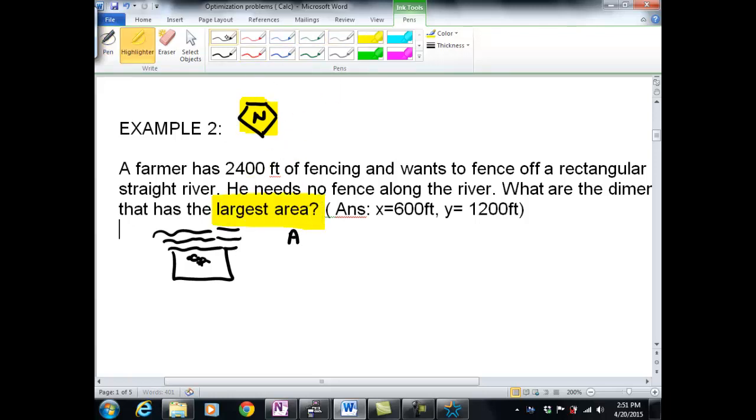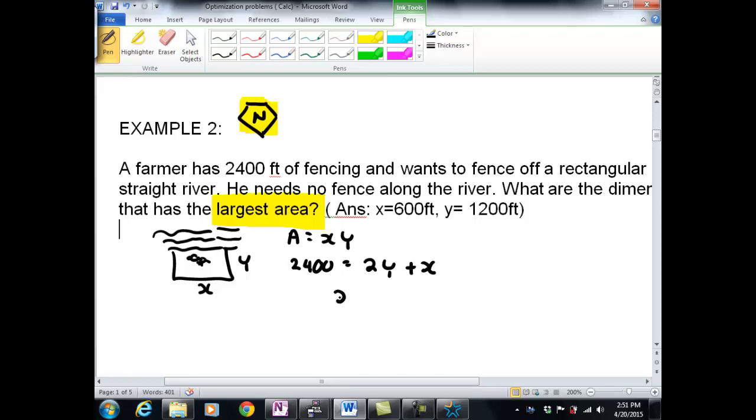So my max min formula really is x times y again. That's x and that's y. The only thing that changes is my constraint. I have 2,400 equals, notice there's going to be 2y plus x this time, because one side is missing.